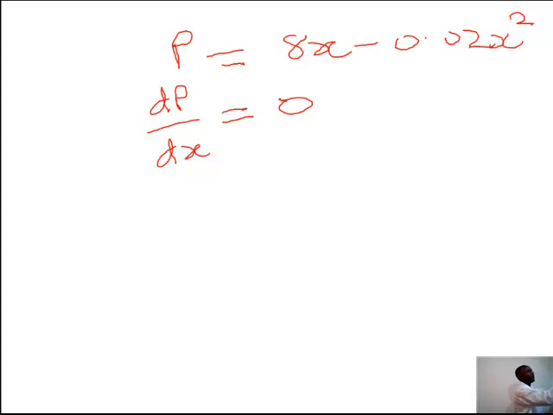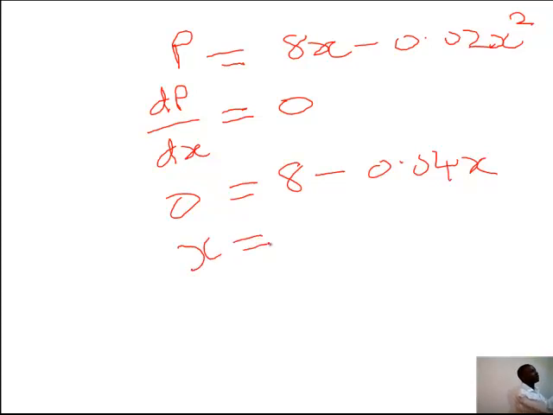So from here, our dP/dx is going to be 8 minus 0.04x. So when this equals 0, we make x the subject of the formula. So we have x equals 8 over 0.04, which is going to give us 200.